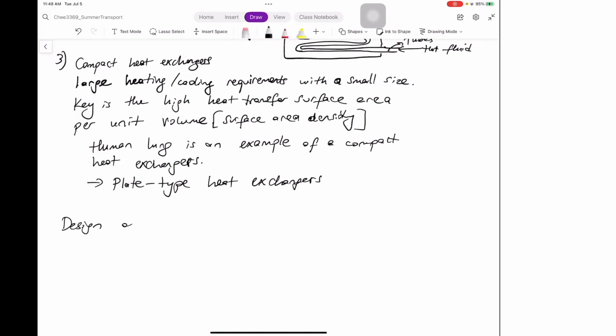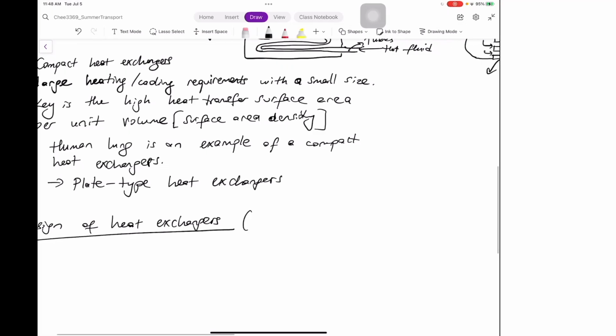Okay, so let's say design of heat exchangers for the shell and tube heat exchangers.